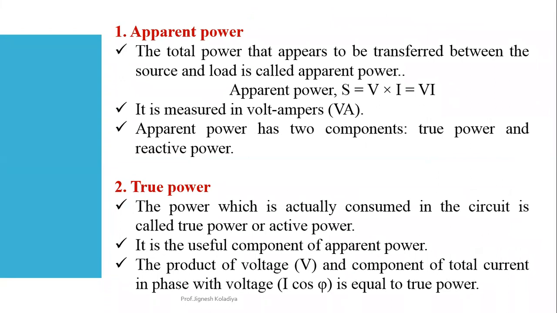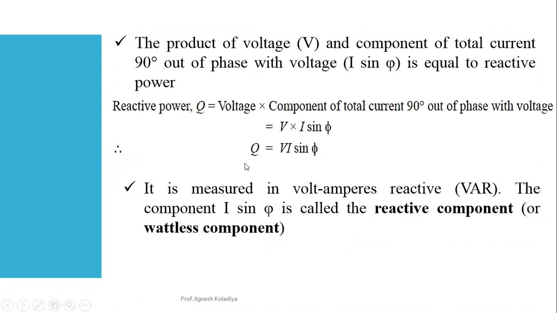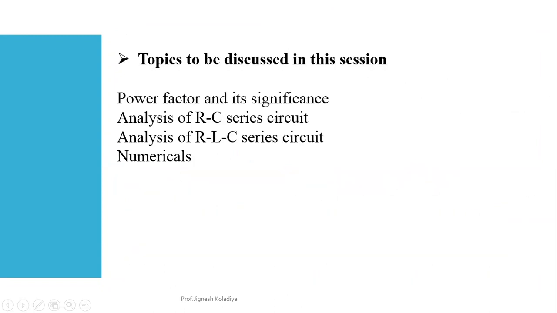The unit of apparent power is volt ampere. The unit of active power is watt, and the unit of reactive power is volt ampere reactive, that is VAR. Okay, so up to this we have completed.